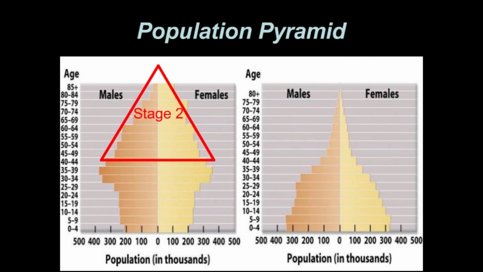We can see that it kind of has at the top this pyramidal, right side up triangle shape. And so you could say that this country 50 plus years ago was going through a stage 2 transition. And so high birth rates, evident in the widening base.